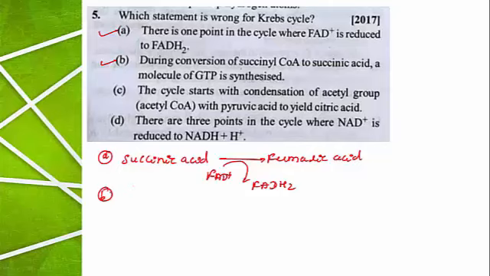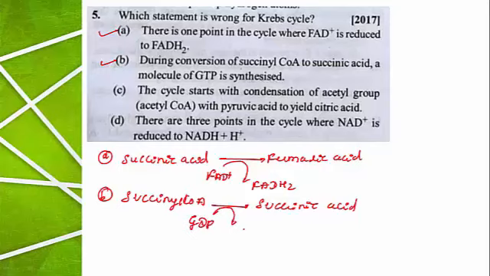This is also correct when the succinyl coenzyme A is converted into succinic acid. This step is taking place before this one, and here there will be synthesis of GTP from GDP. GTP is equal to ATP.